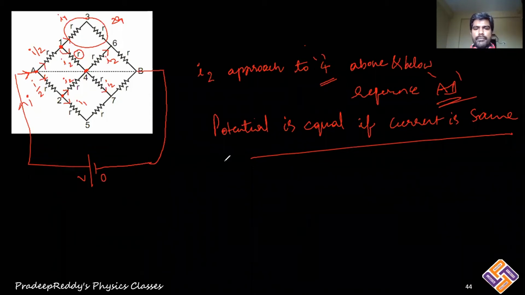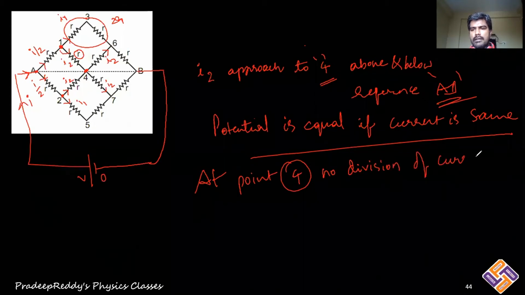So therefore, at point 4, no division of current takes place. Current division is not taking place at 4. Therefore, as there is no current division at 4, even though there is a joint, it is useless.